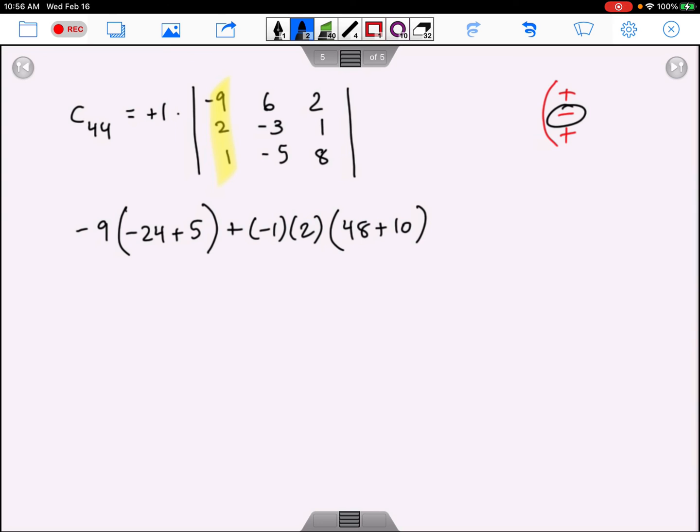And now we're on the positives, so it's going to be plus again. And then we get 1 times, delete the row and column it's on, we get 6 plus 6.